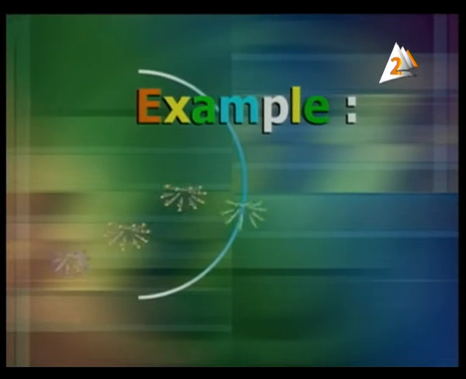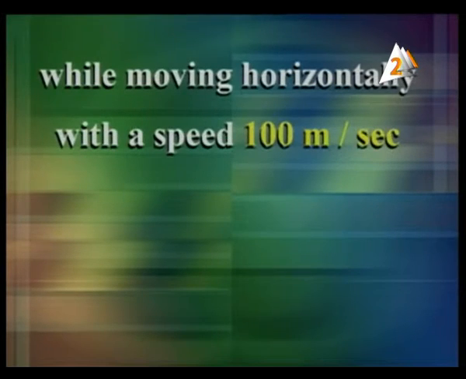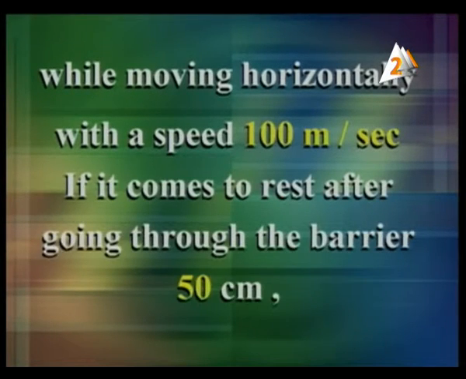Now let's go to the following example. A bullet of mass 49 gram hits a vertical wooden barrier while moving horizontally with the speed 100 meters per second.